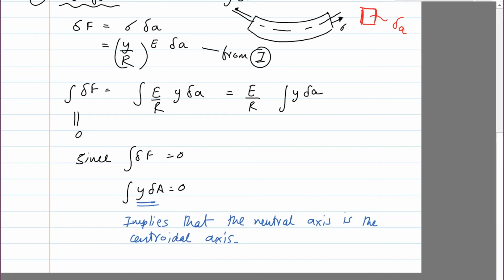That's the first insight. The second insight is going to come when we take the bending moment, right? So the net moment. I can draw the beam. That's the beam.